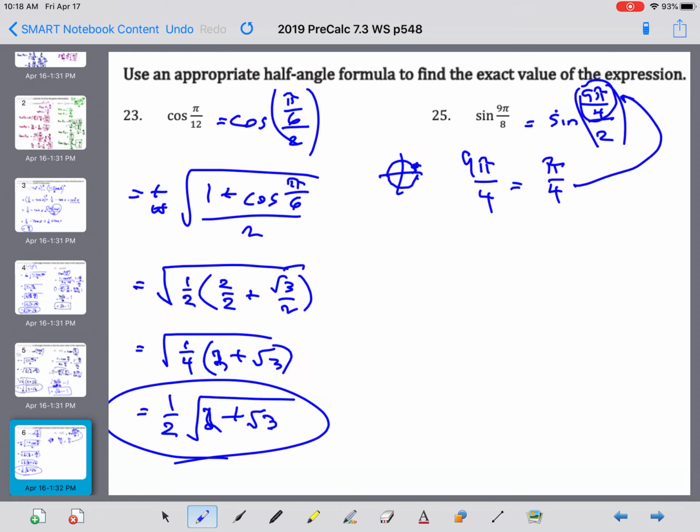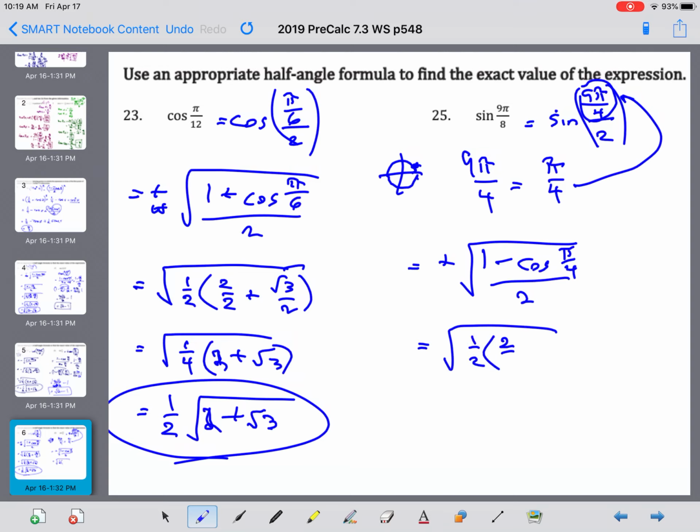That equals the sine formula, which is positive, using 1 minus cosine of pi over 4, over 2. Like we've done 3 or 4 other times, I take out the 1/2, make this 2 over 2 minus cosine of pi over 4, which is root 2 over 2.